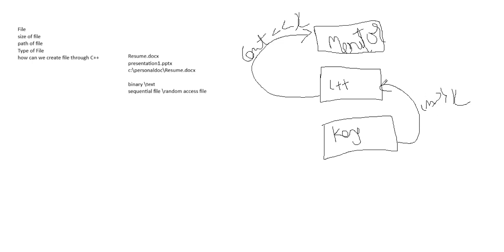While we are using a keyboard, we are using an input stream because we are taking input in our program, and while we are using a monitor, we are using an output stream, and that is why we are using cin to take input and cout to provide output. So our program was interacting with a keyboard and monitor.